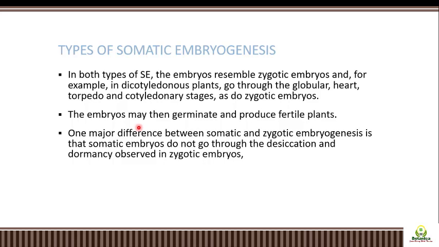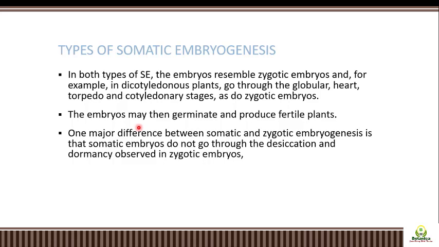Dormancy occurs in the seeds and embryos of plants, because those seeds have to overcome a critical period of harsh environmental conditions. But in tissue culture there is no such stage of dormancy or desiccation, because whenever the embryo is formed, it is directly determined to make an embryo, and the embryo directly converts. If success is higher, the embryo will directly be converted into a new plantlet, a seedling, and the seedling will convert into a plantlet.